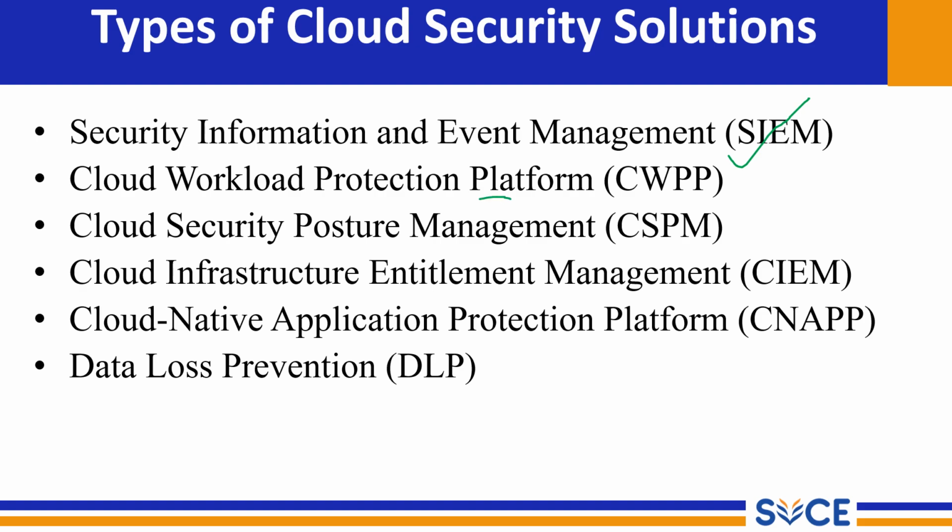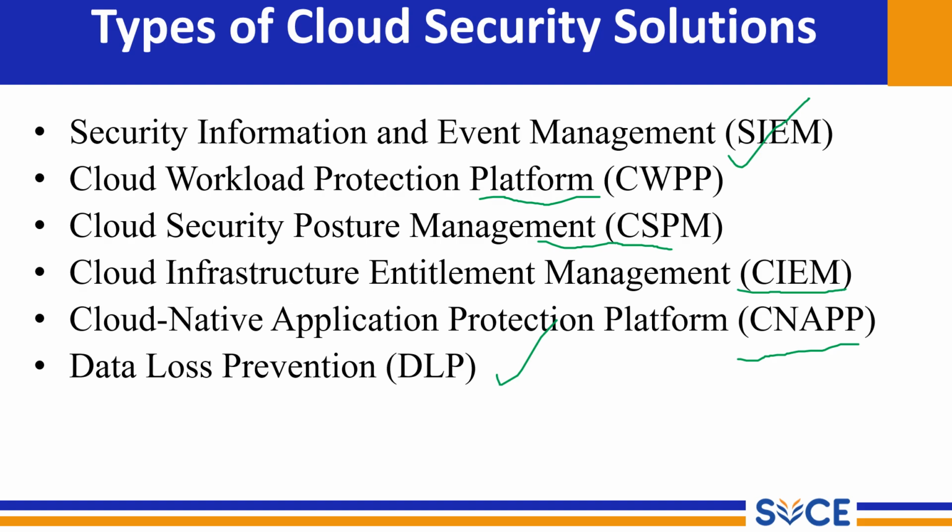And the third one is cloud security posture management, that is CSPM. And next one, cloud infrastructure entitlement management, that is CIEM. And next one, cloud native application protection platform, that is CNAPP. And last one is data loss prevention. So we will see what's meant by all those things.